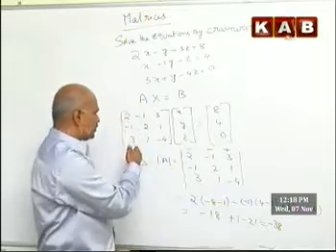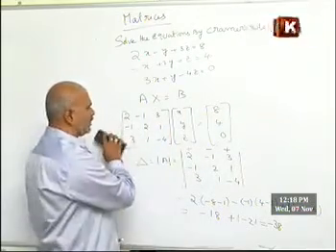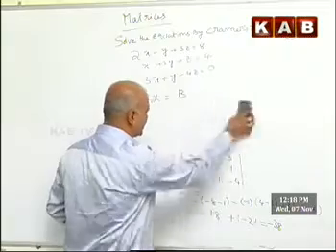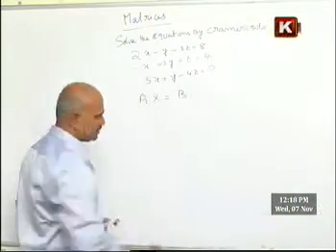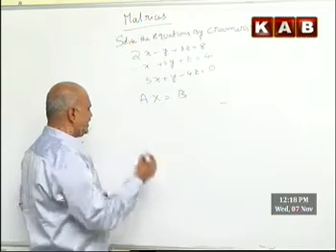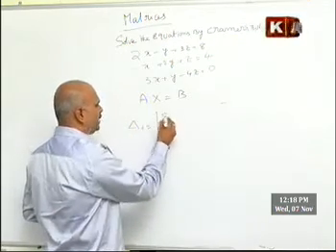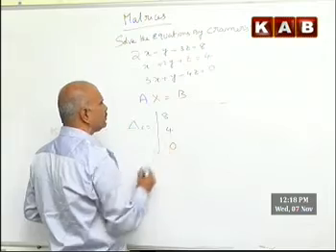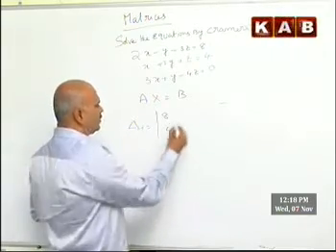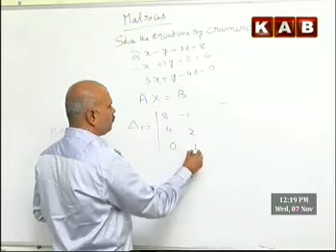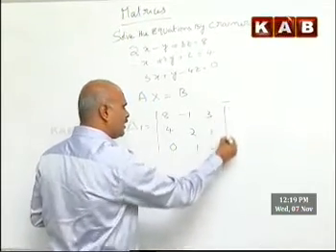I write it like this: delta 1 is equal to the determinant with rows 8, 4, 0; minus 1, 2, 1; 3, 1, minus 4. The first column of delta is replaced by constants. It is the delta 1.